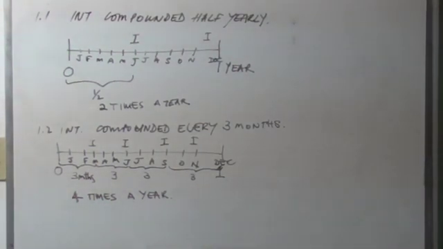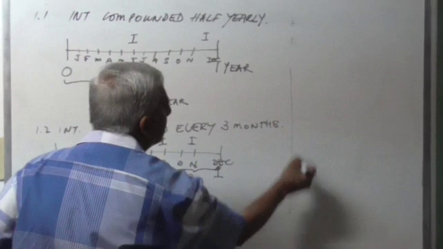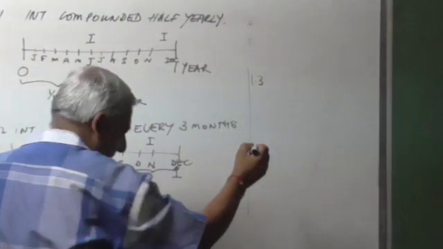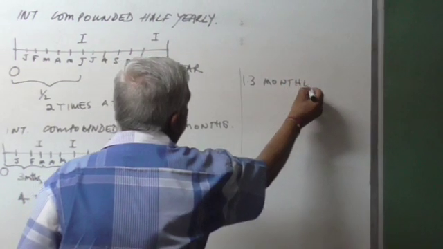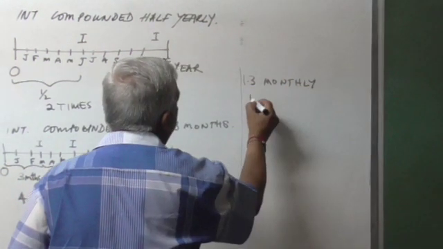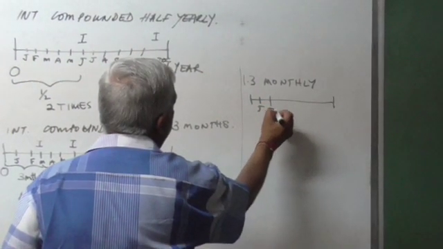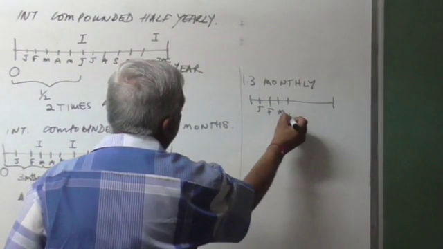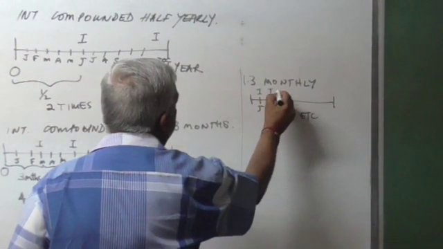I won't do the next 2. Now, 1.3, I'll just do it here. 1.3 was monthly. So if you get interest monthly, every month you get interest. January, February, March, April, etc. You will get interest every month.